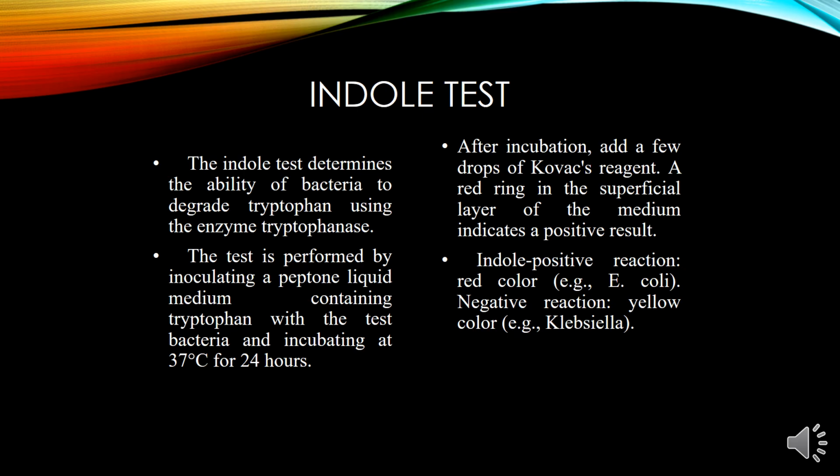After incubation, a few drops of Kovac's reagent are added. A red ring in the superficial layer of the medium indicates a positive result. An example of an indole-positive bacterium is E. coli. Negative reactions are yellow in color, and organisms causing such reactions are Klebsiella, etc.